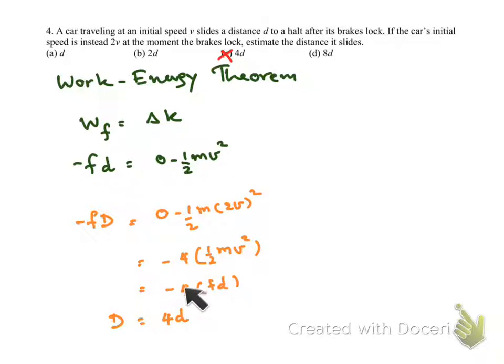Compare this to the left side of the equation. We have capital D equal to 4d. So it means that the car will move 4 times farther if we double the initial speed. Okay, so that is for question number 4.